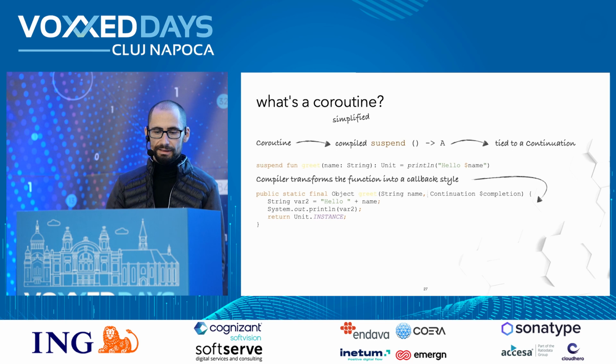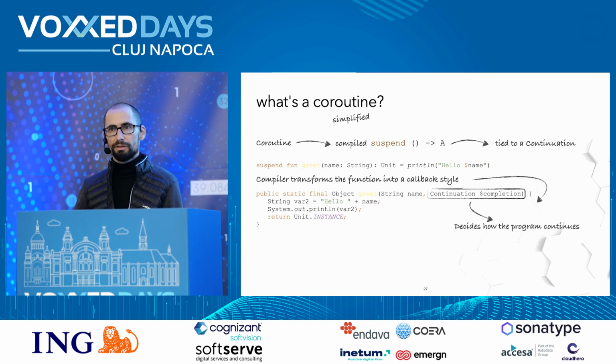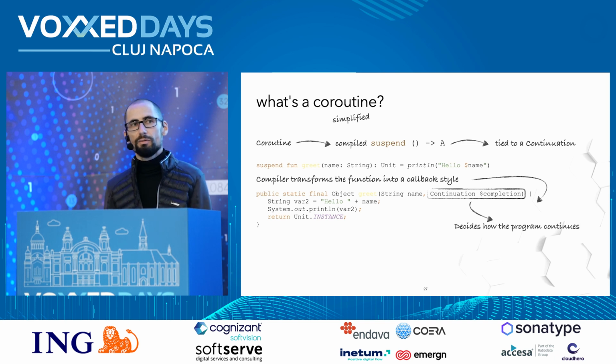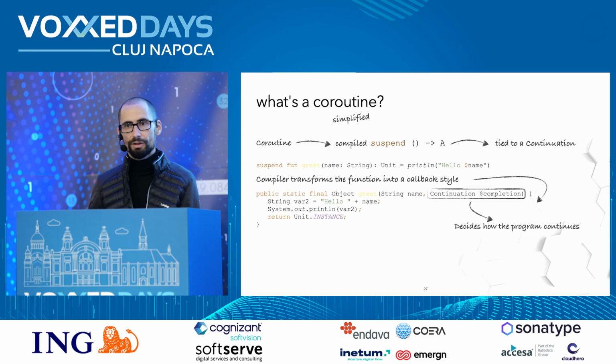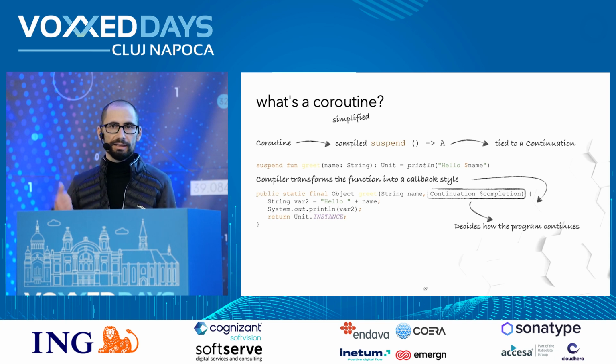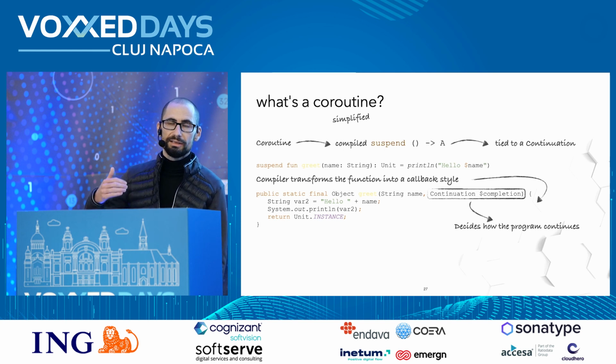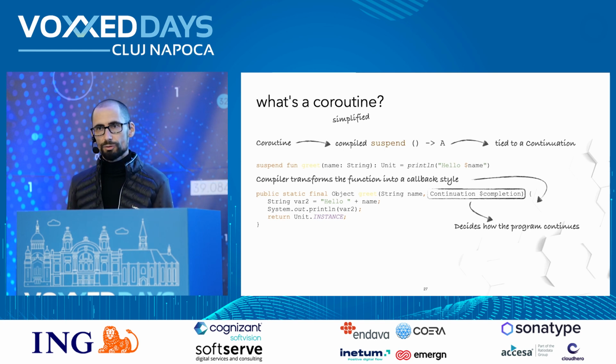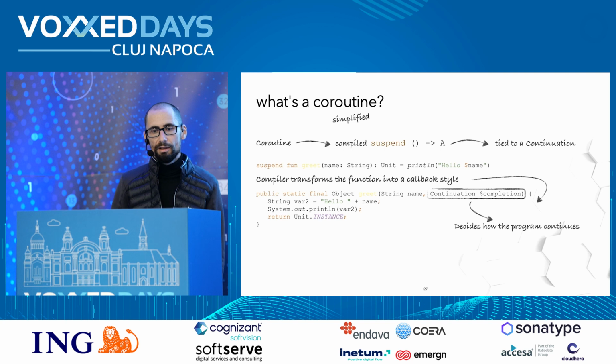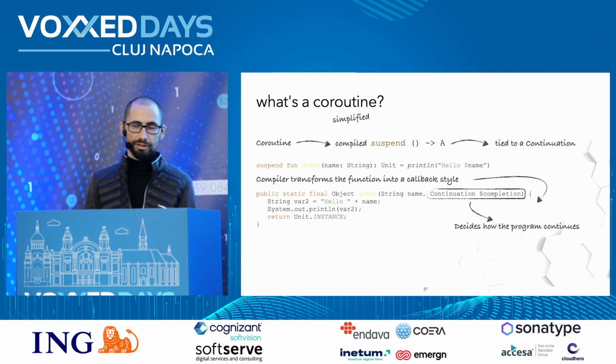And inside the continuation, we decide how the program continues. If you remember, the second argument of our continuation invocation was print line. That's exactly what was happening there. That was how I was deciding to continue the execution. I could have done, of course, something else, but just to make it simple, I was just printing.